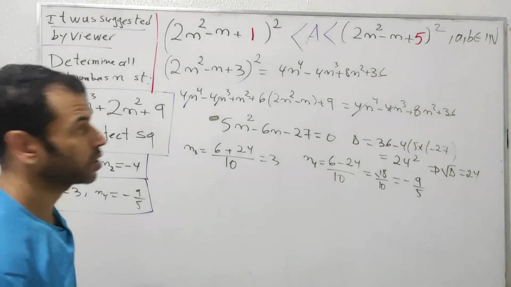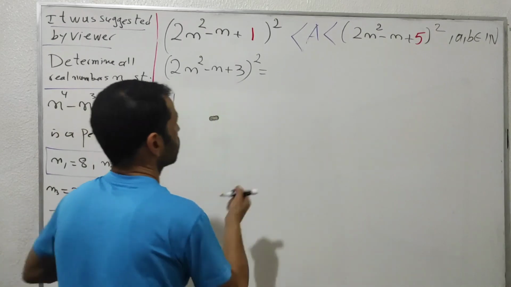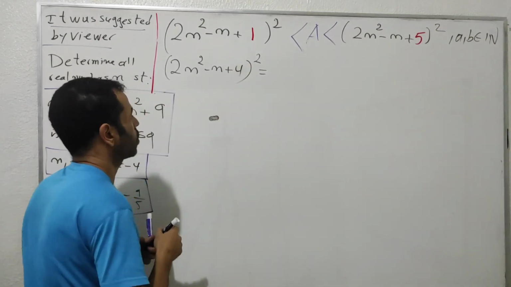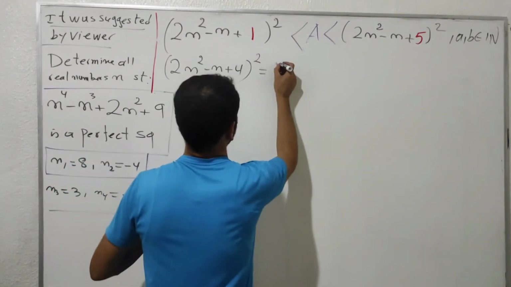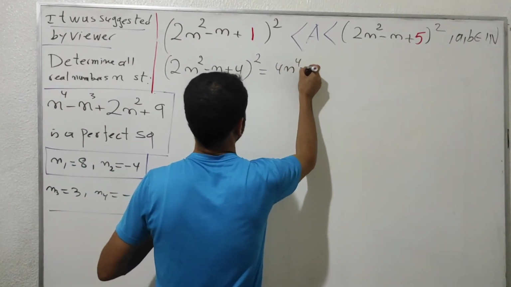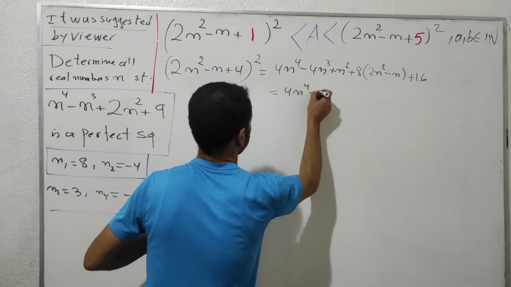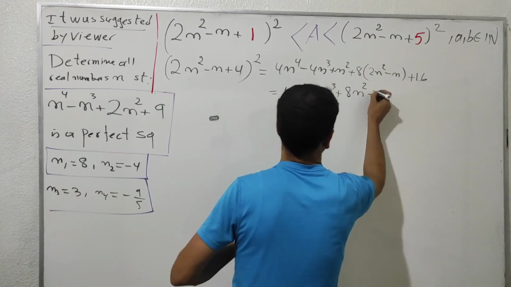Let's move on to the last case. For the last case, I'm going to switch this one to number 4. So I'm going to do the same thing. I get here 4n to the fourth equals 4n to the fourth minus 4n cubed plus 36.